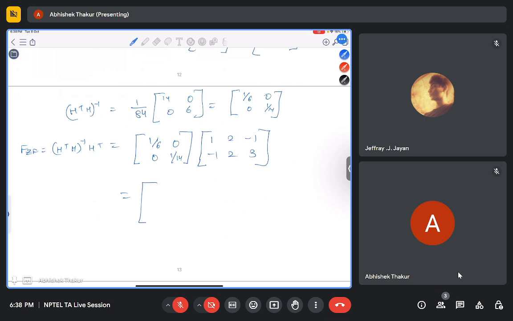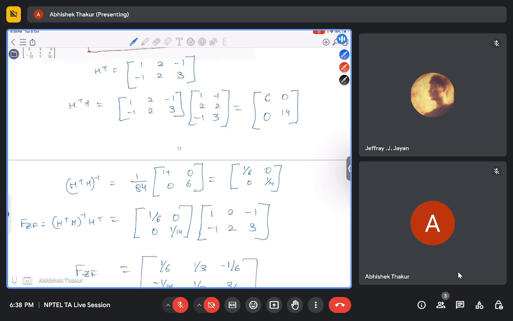So we will get 1 by 6, this is 1 by 3, this will be minus 1 by 6, again minus 1 by 14, 1 by 7 and 3 by 14. So this is our zero forcing receiver matrix.